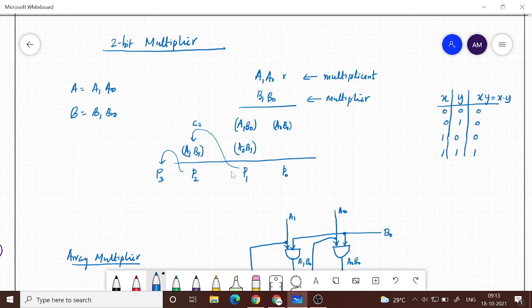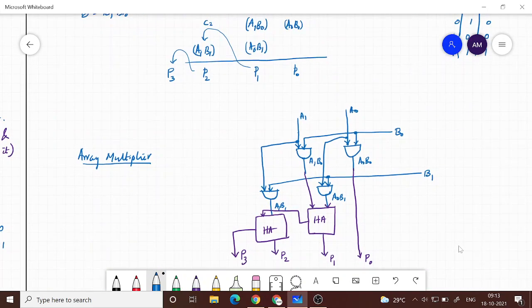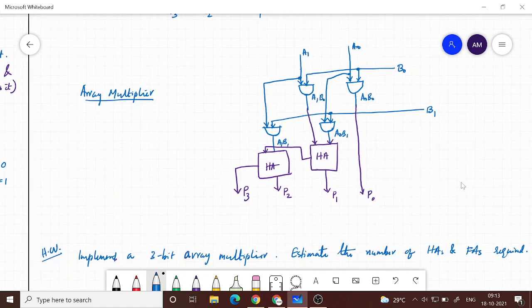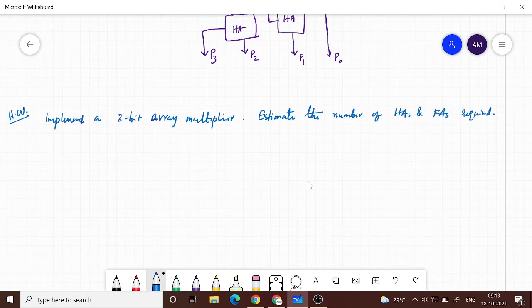So there will be cases where you need to add 3 bits together, and that can be implemented using a full adder. In this 2-bit case, we only had to add 2 bits, so half adders were enough. But for a 3-bit or 4-bit array multiplier, you will require full adders in order to add 3 bits at a time. So that is your homework.